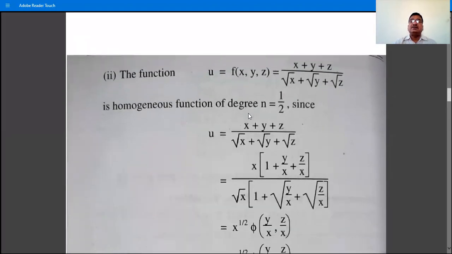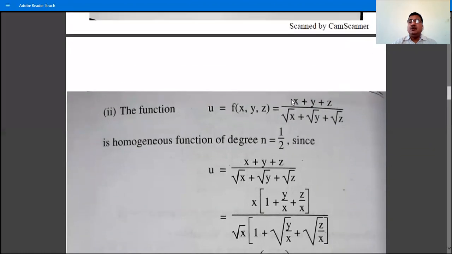So this is another example of three variables, u or f(x, y, z) is x plus y plus z divided by root x plus root y plus root z. If you observe, the numerator is a homogeneous function of degree 1, and the denominator is a homogeneous function of degree half, and therefore the degree of this total function is 1 minus 1 half, that is 1 half.